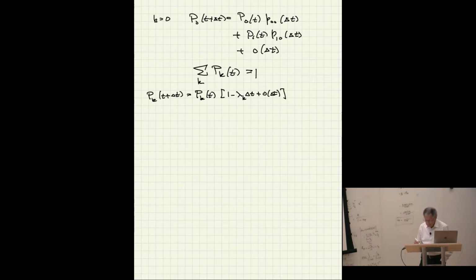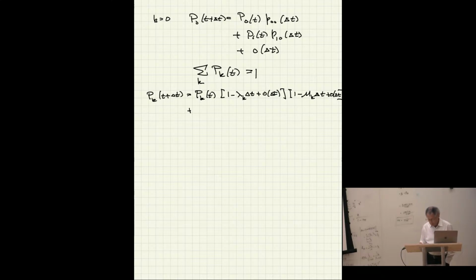And I didn't get a death independently, so I multiply these probabilities. 1 minus mu sub k delta t plus little o of delta t. Again, I'm multiplying those two events because they're independent probabilities.